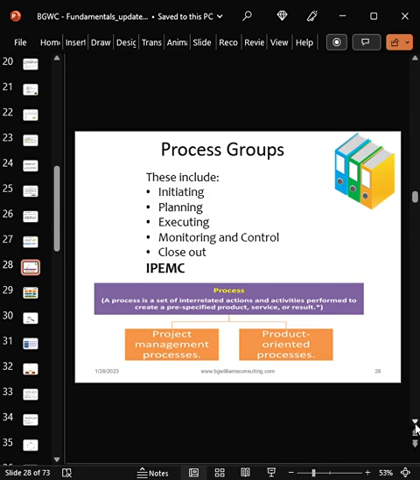What are those things I must do first when I need to start a project? So you can see the difference now. Process groups are the process category. Project management processes are the application category. So under initiating, what do I actually need to do?